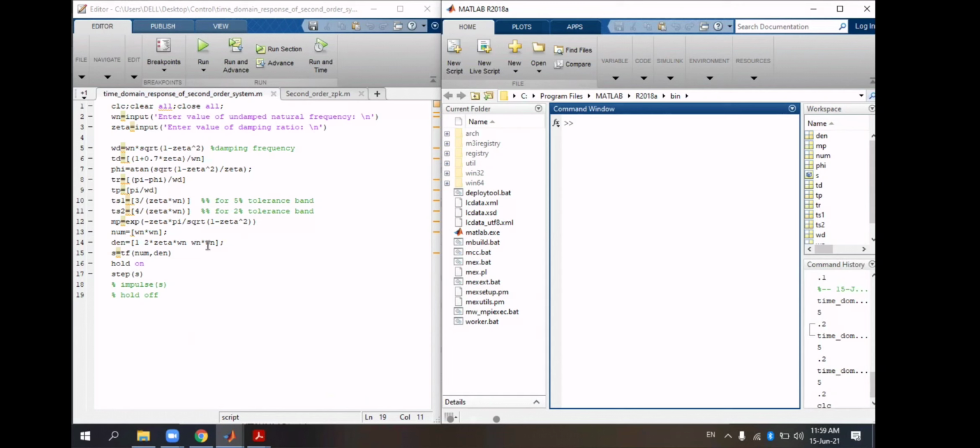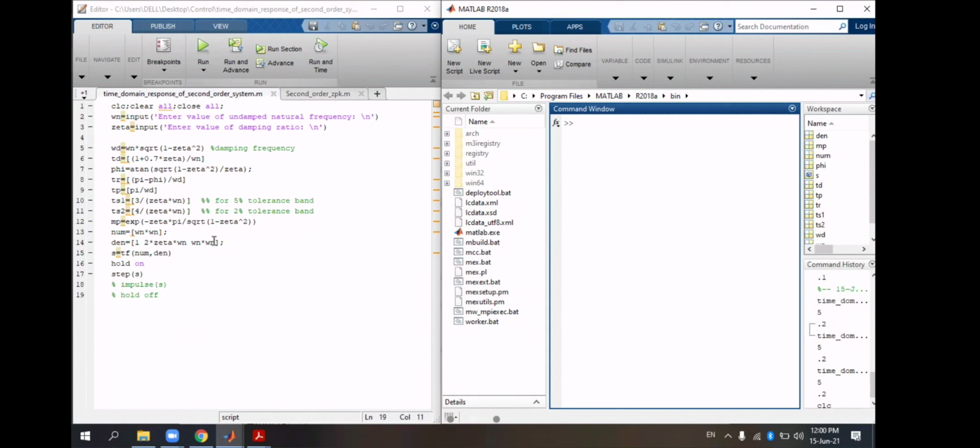So first is s power 0, then s power 1, then s power 2. So 1 into s square, that is s square, plus 2 zeta omega n into s power 1, that is s, and this is s power 0, meaning 1. So it becomes s square plus 2 zeta omega n s plus omega n square.